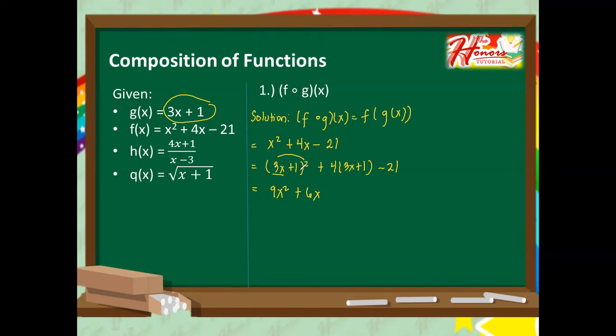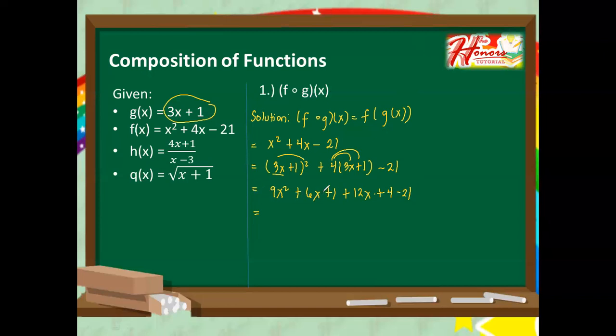And then just square 1, so that is 1. Because 1 times 1 is 1. And then plus distribute 4, so 4 times 3x, that is 12x. And then 4 times positive 1 is positive 4, so plus 4 minus 21. And then please combine like terms here, so that is 9x squared.